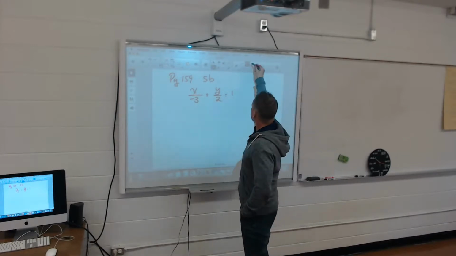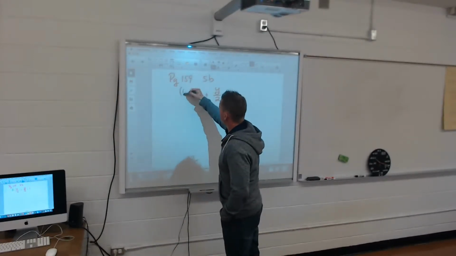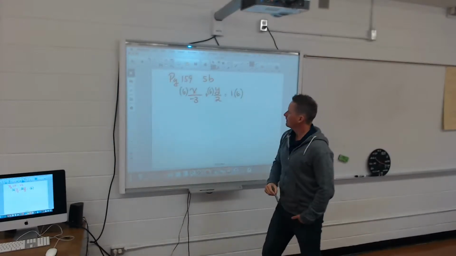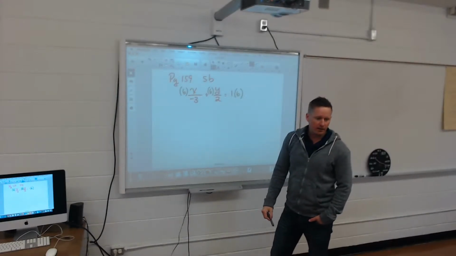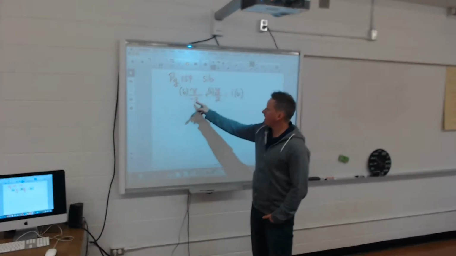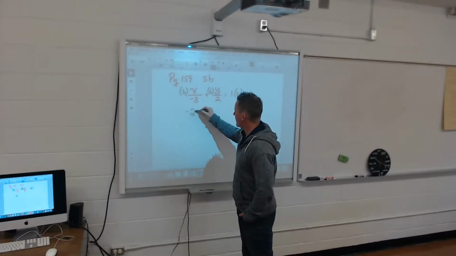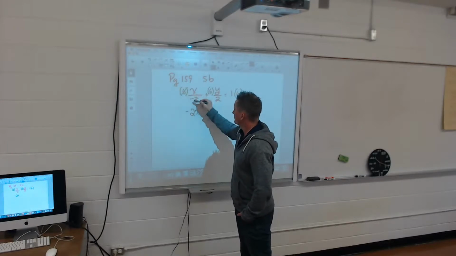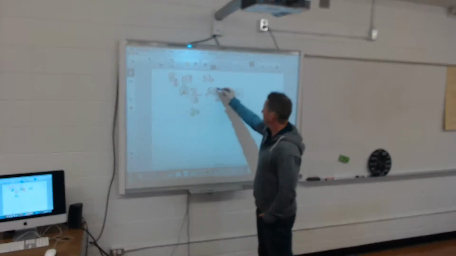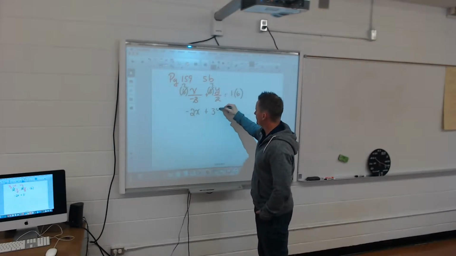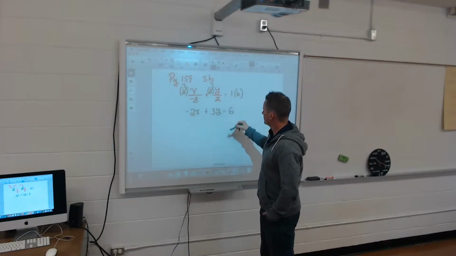So I'm going to multiply everything by 6. Now when I look at it, 6 divided by -3 is -2, so that leaves me with -2x here. 6 divided by 2 leaves me with 3y equals 6.